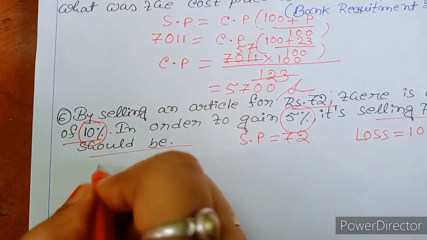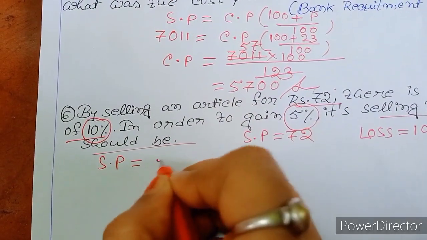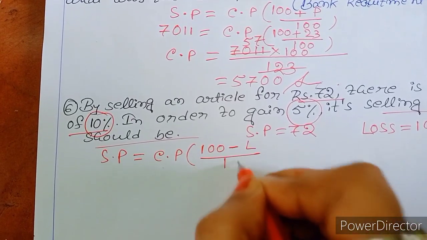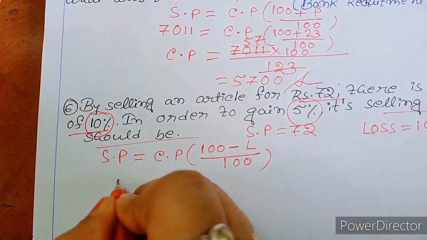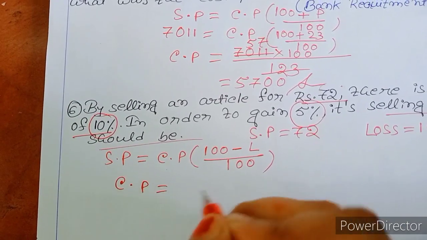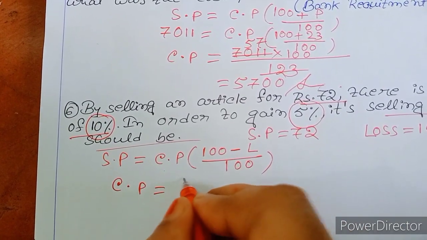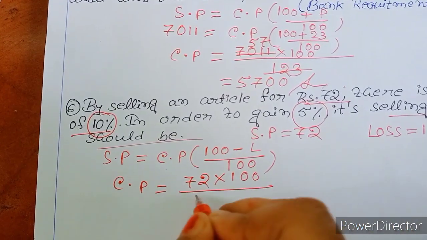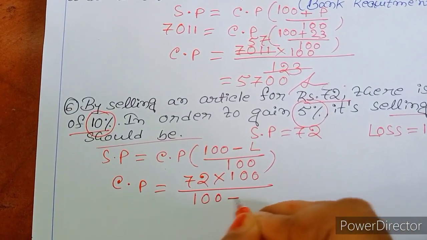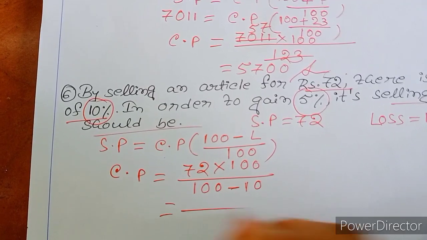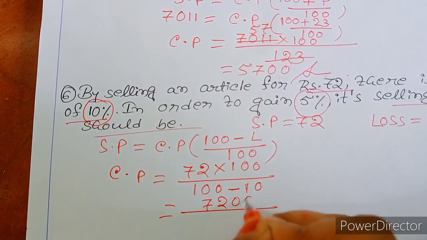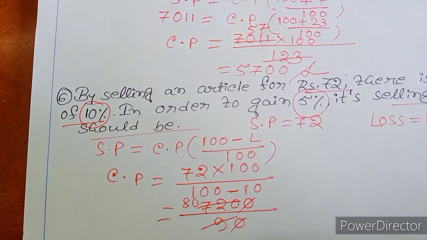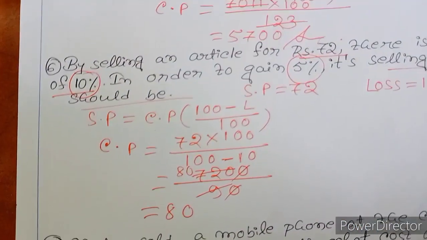So we know the formula selling price equal to cost price into 100 minus L by 100. So cost price equal to 72 into 100 by 100 minus 10. So it means 7200 by 90. So 80 is the cost price.